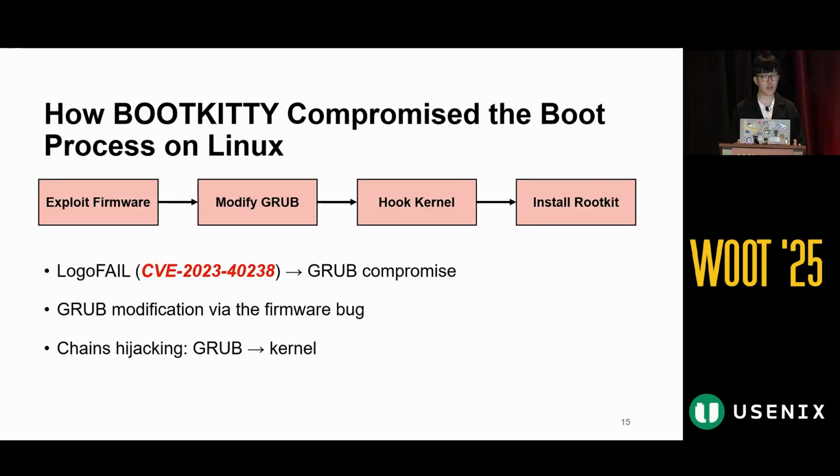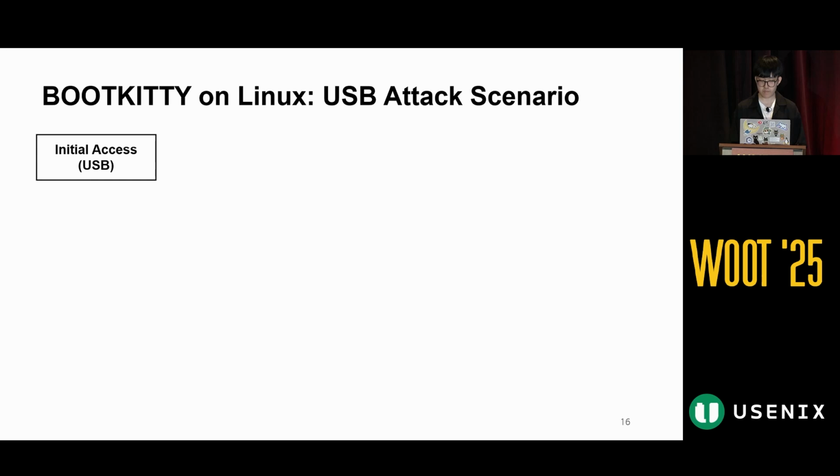Bootkitty exploits an out-of-bounds write vulnerability in the firmware stage, the earliest stage of the boot process, to execute arbitrary code. This vulnerability allows it to bypass secure boot and then inject malicious code throughout the boot process. Now, based on this vulnerability, we will explore a step-by-step scenario showing how Bootkitty gained control of the Linux boot process.